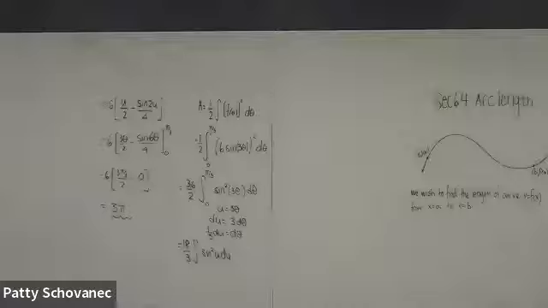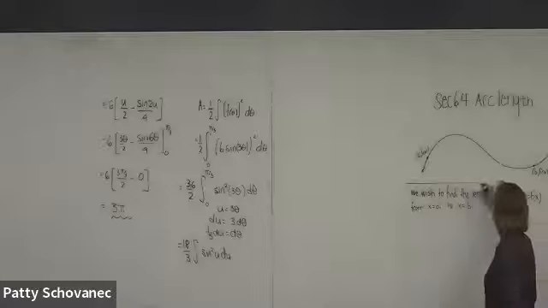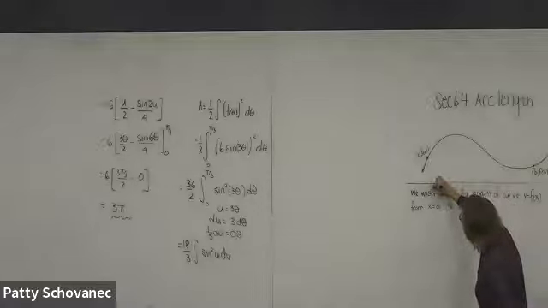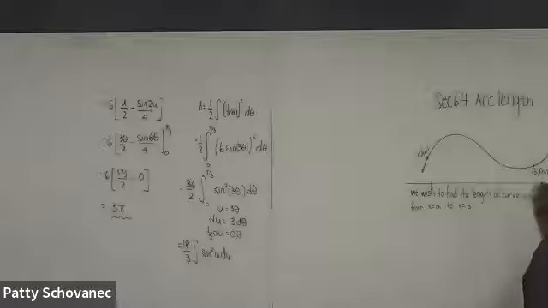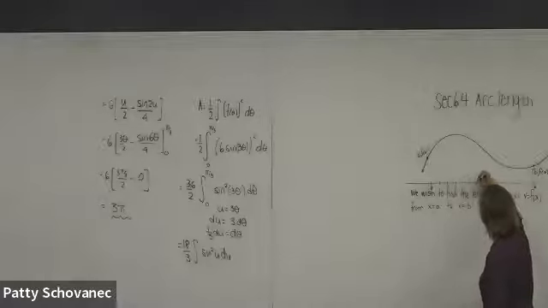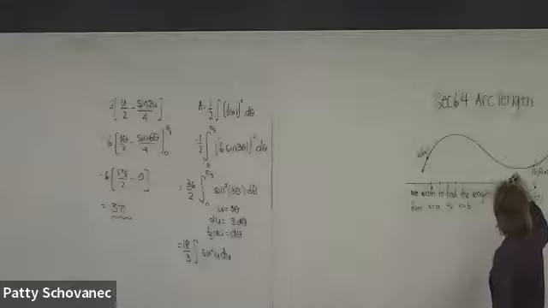Let's subdivide the interval from A to B into subintervals of equal width. So this is the x-axis down here. That's x is equal to A, and that's x is equal to B. We're going to make little tiny subintervals, and then go up there and plot those points.